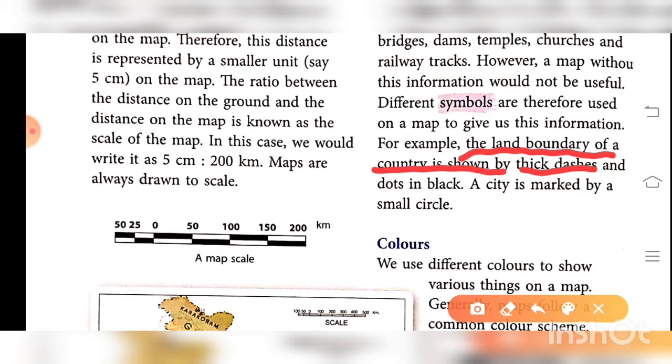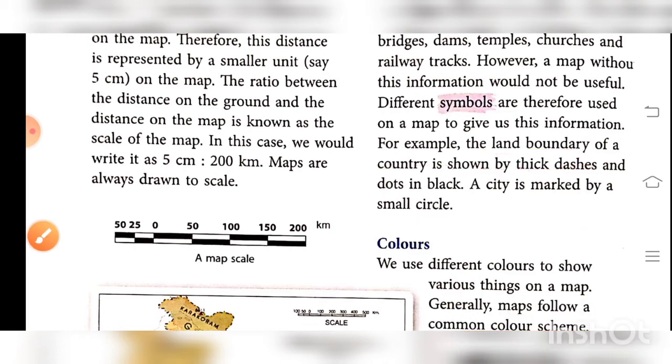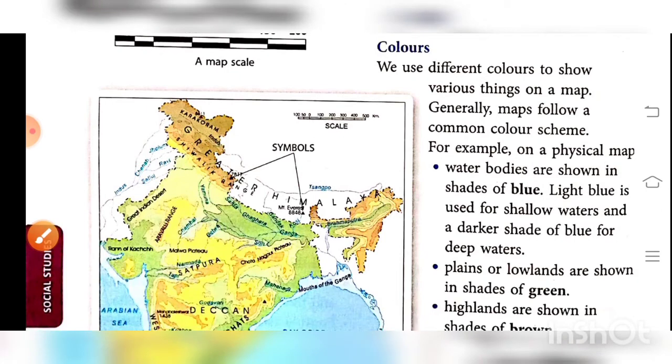It is shown like this: a thick dash line, then a dot, then a dash. And a city is marked by a small circle, and you have noticed in the map the city is marked by a circle.